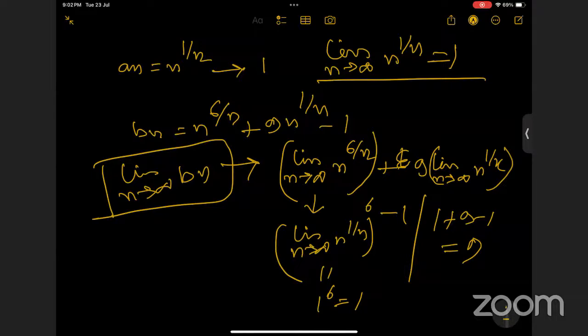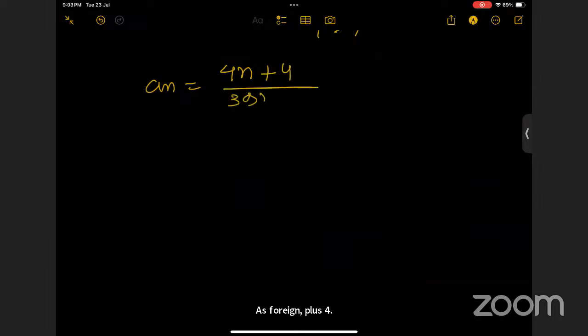Again, we are given some sequence an and some sequence bn, and we have to find the limit for the sequence. You will solve the problem. We have an as (4n plus 4) by (39n plus 15). What will be the limit as n tends to infinity of an?